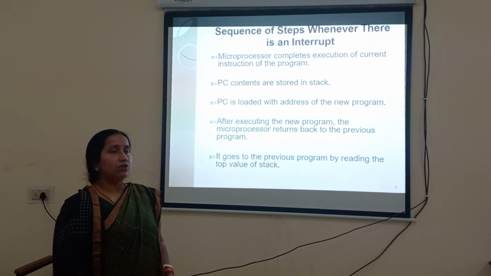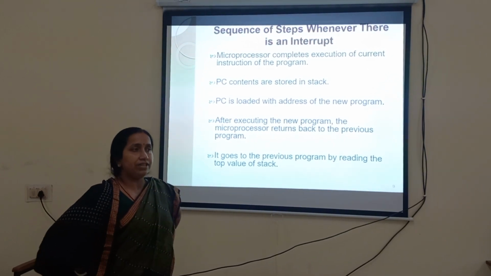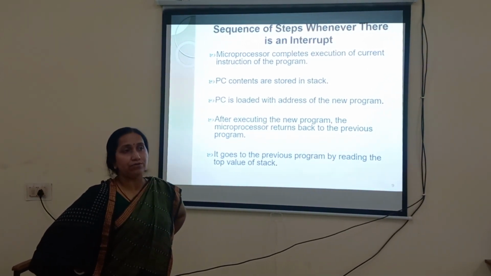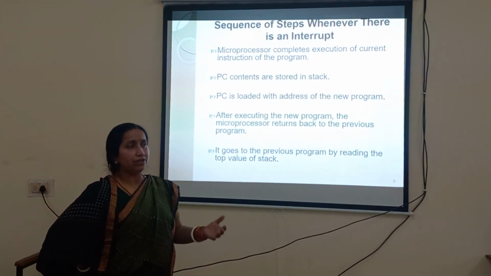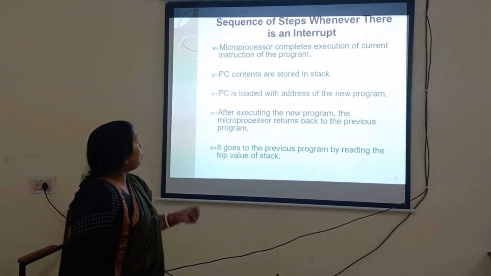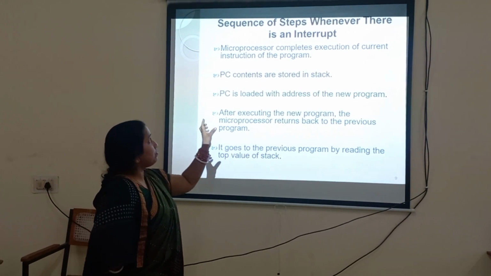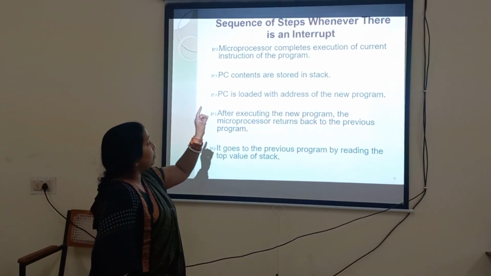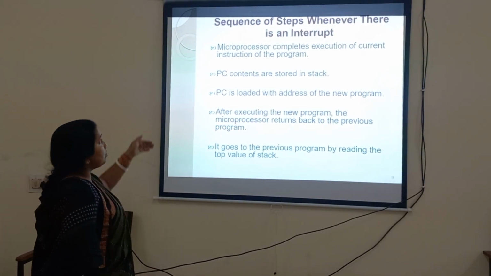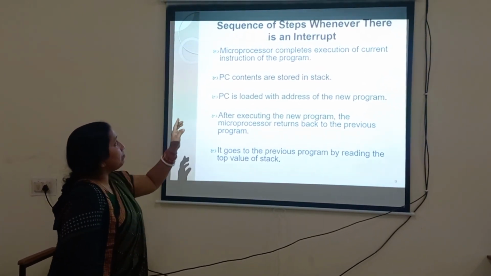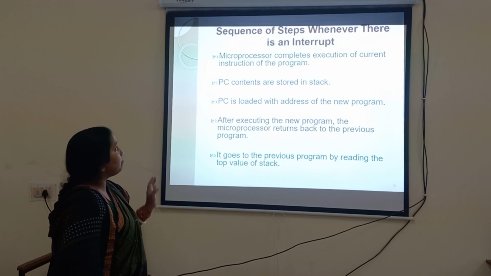Next, sequencing. That means when we have to handle more than one interrupt, we have to sequence them. Whenever there is more than one interrupt, we need to follow these steps. First, the microprocessor completes execution of the current instruction of the program.